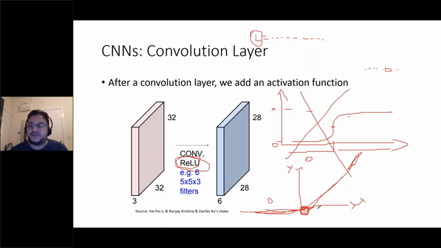This is, if x is smaller than 0, then y equals 0, else y equals x. This is clearly not a continuous function. But it's not a big problem. We can just approximate a value. It's not continuous at a tiny point.